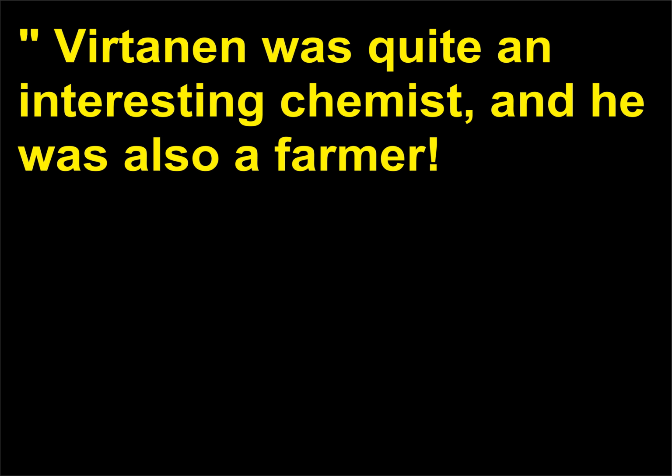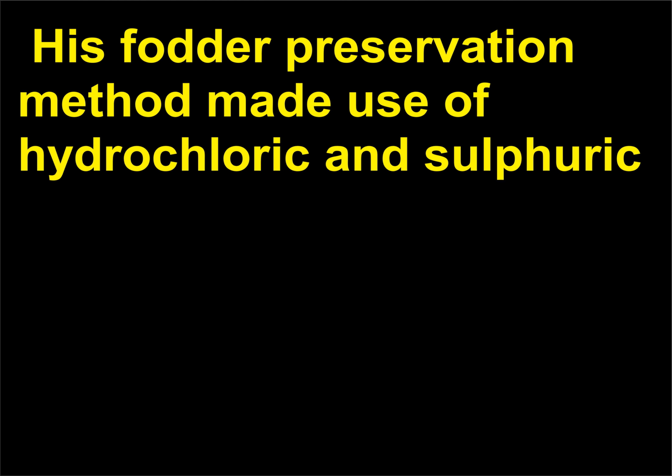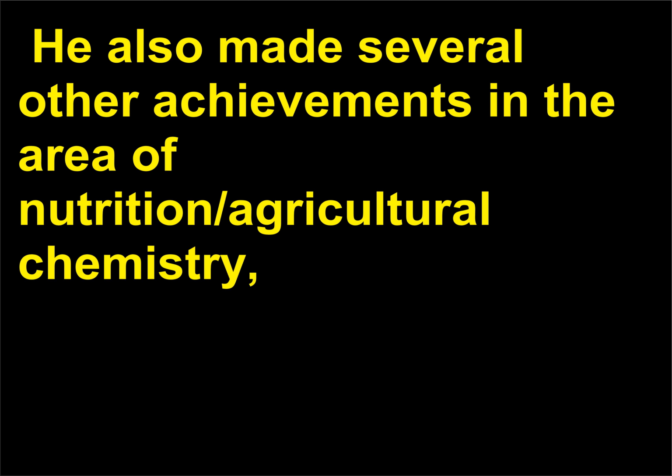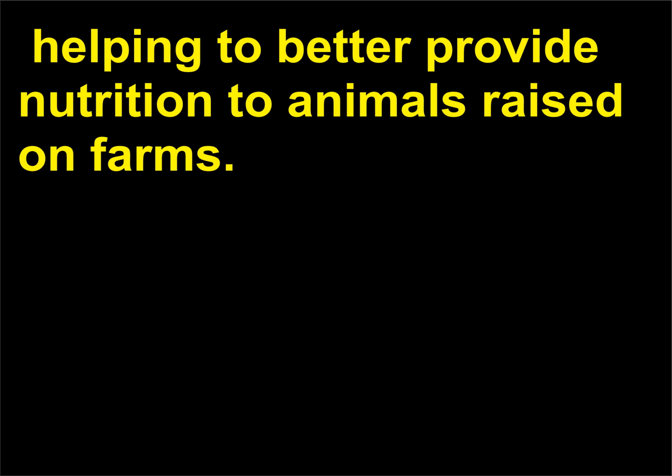Virtanen was quite an interesting chemist, and he was also a farmer. His fodder preservation method made use of hydrochloric and sulfuric acids to slow the processes that normally cause fodder to ferment. He also made several other achievements in the area of nutrition and agricultural chemistry, helping to better provide nutrition to animals raised on farms.